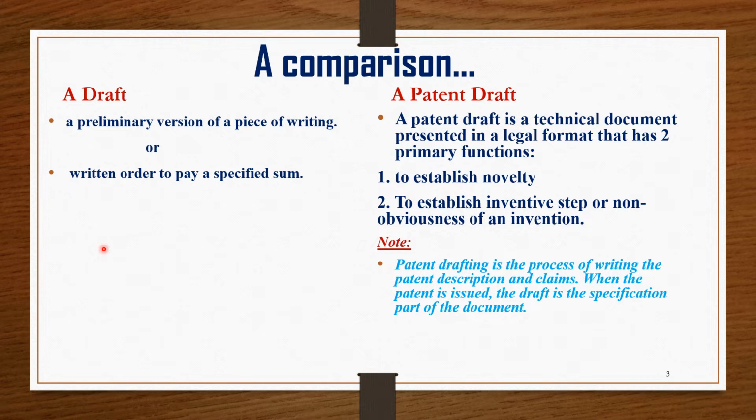So, whenever you try to understand the meaning of this statement that I have written in the note part, then your confusions will be clarified. So, just remember, patent drafting is the process of writing the patent description and claims. And when the patent is issued, the draft is the specification part of the document. So, the comparison has been done. Let us proceed.